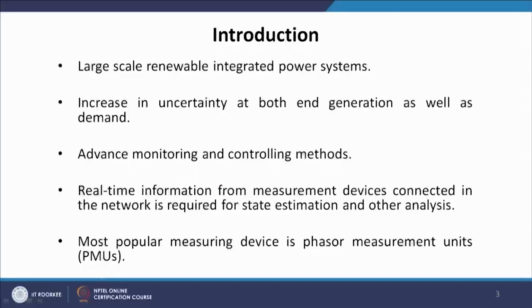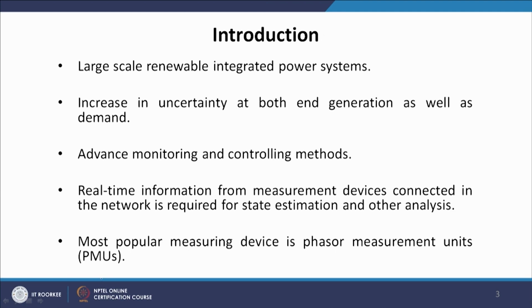And once that is there, then there is a huge risk; the uncertainty keeps increasing, and both generation as well as demand keep oscillating, because there is no clarity on how much energy will be available to me in the next couple of minutes and how my consumers are going to behave.